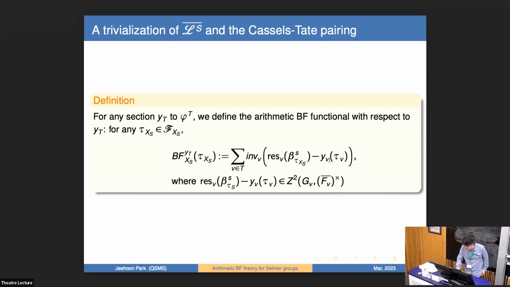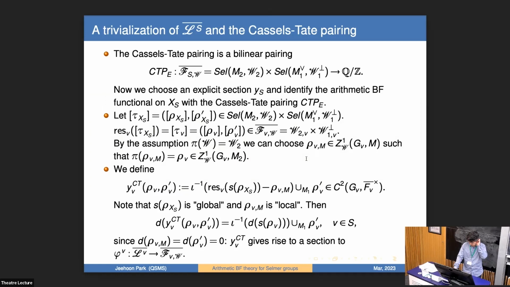So if you take the difference, then it will become a cocycle. Then it makes sense to take the invariant map. Right. And there are many choices of sections, right? But the Cassels-Tate pairing uses a very particular choice. I think that's important.